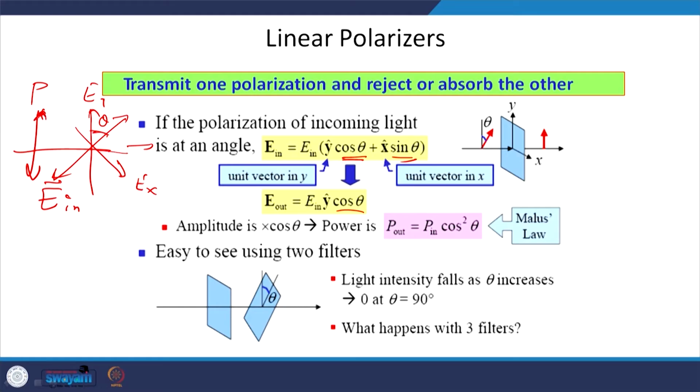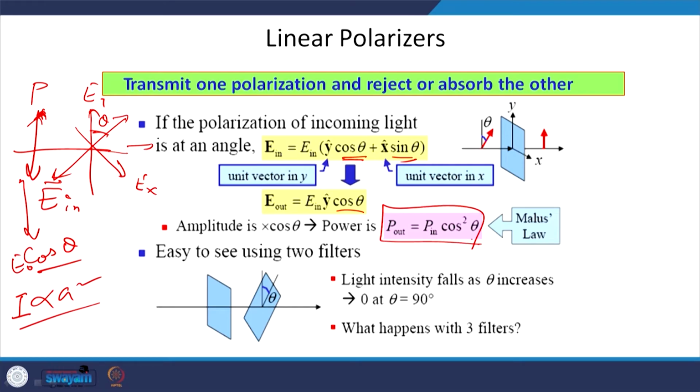So, if I have my polarizer this way, what is coming out is the cos theta component. So, amplitude is E naught cos theta, and intensity is proportional to amplitude squared. So, you will get P out is equal to P in cos square theta, or I is equal to I 0 cos square theta. That is called Malus law, law of Malus.